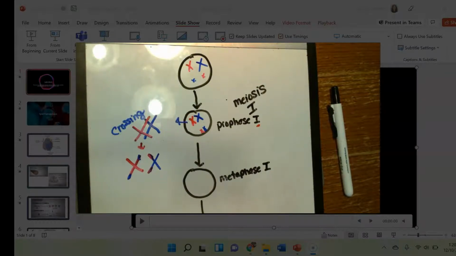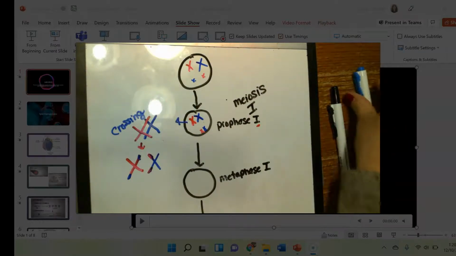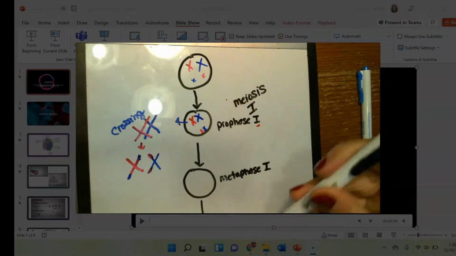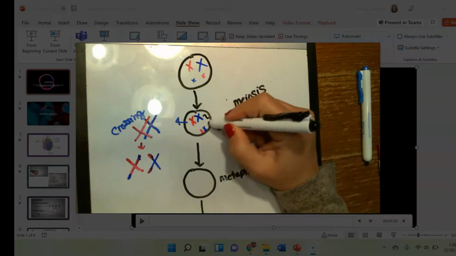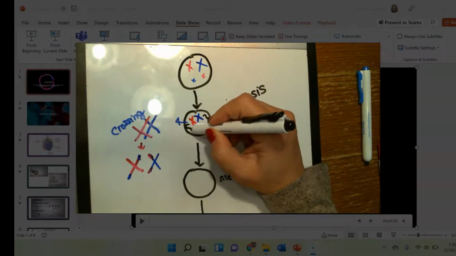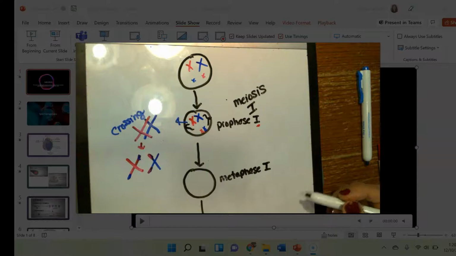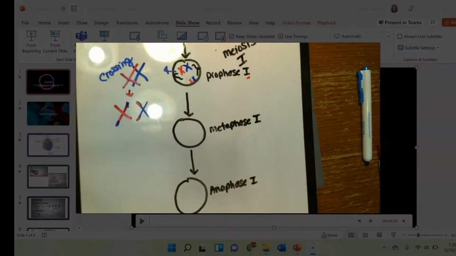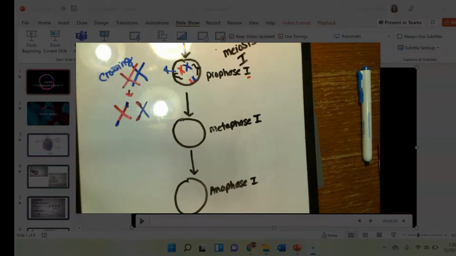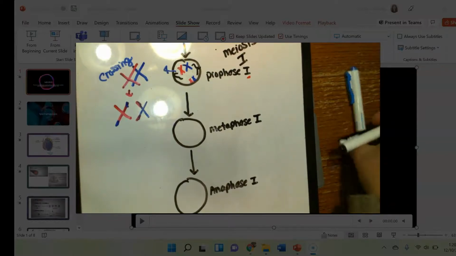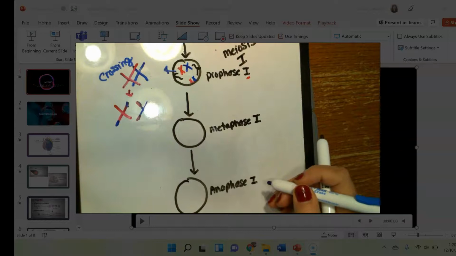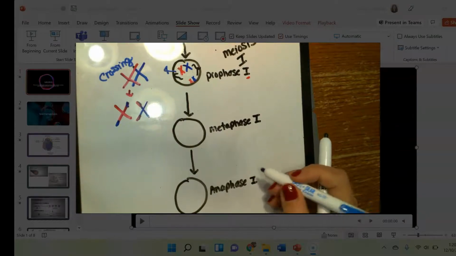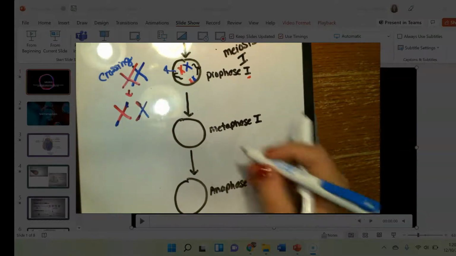So once prophase I happens, the spindle fibers are going to start to form, right? Remember that happened in prophase in mitosis too, so you can draw those spindle fibers in. And then we're going to go into metaphase I, where guess what? They're going to line these homologous pairs up down the middle of the cell, right?